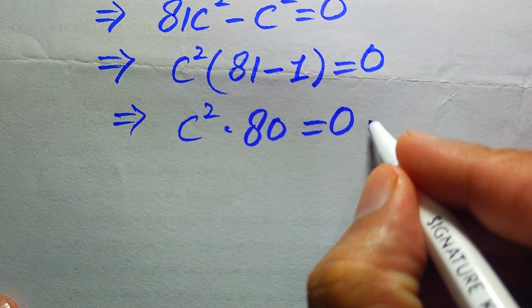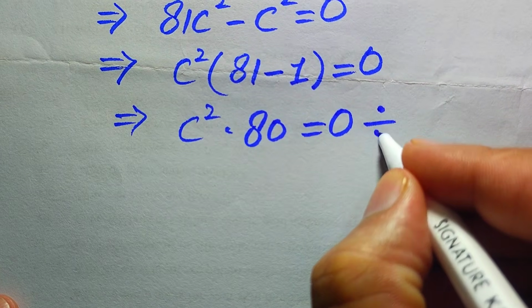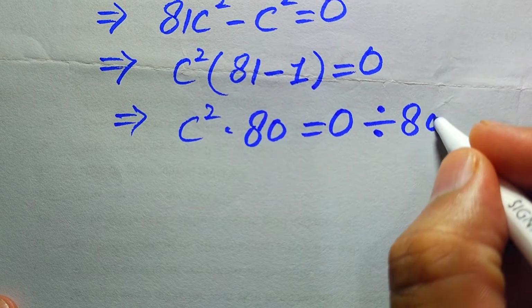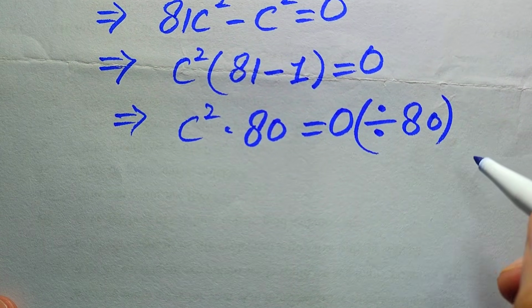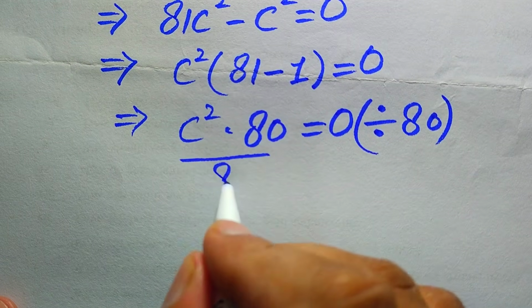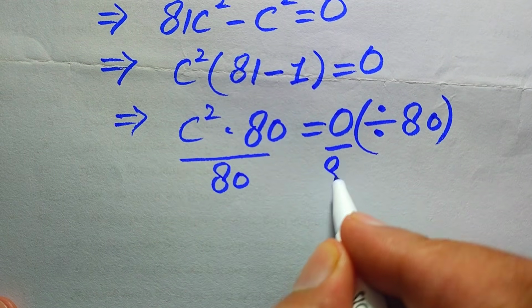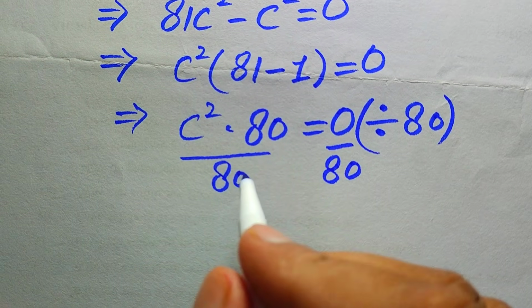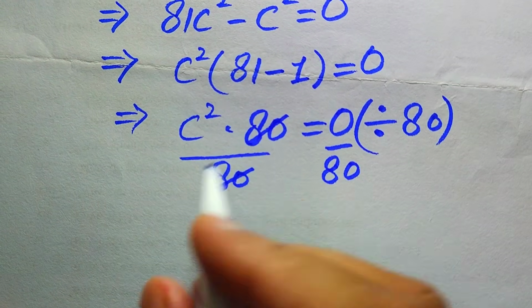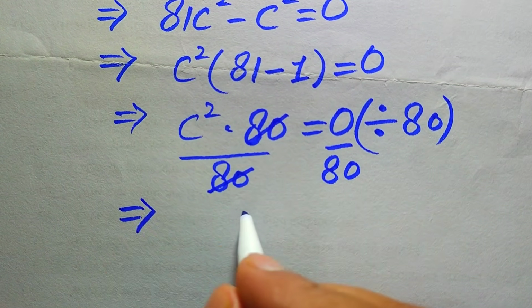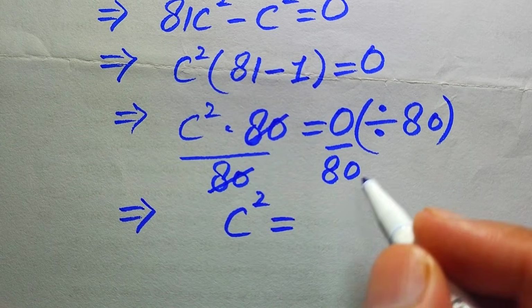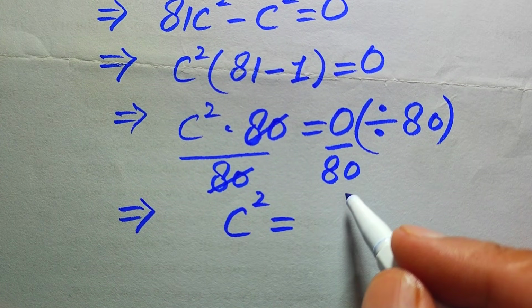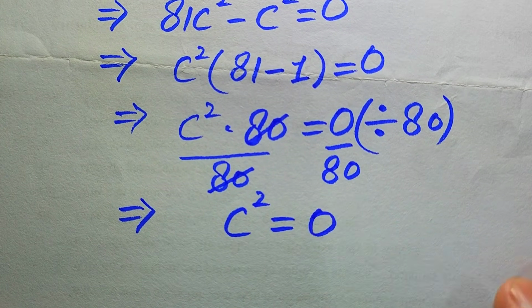So here our target is to find the value of c. For this we remove 80 from the left hand side, so we divide both of the sides by 80. When we divide by 80, we obtain 0 divided by 80 on one side, and this term divided by 80 on the other. You see that this 80 and this 80 cancel each other out, and we get c square is equal to 0 divided by 80, which becomes 0.